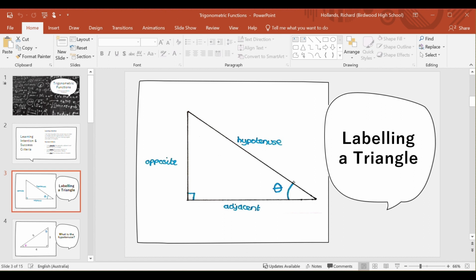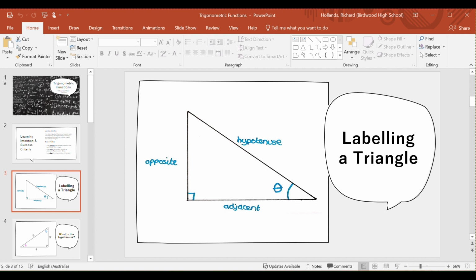Then when we've got beta in this corner, the side of the triangle that runs along with beta is known as the adjacent. It is next to. And then the side that is opposite beta is known as the opposite. Pretty straightforward.